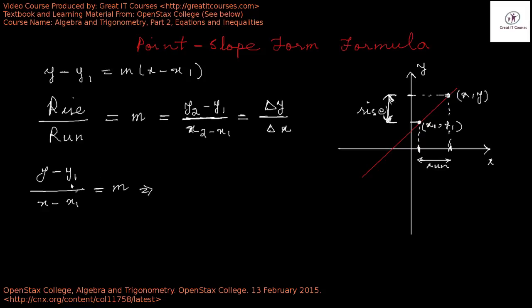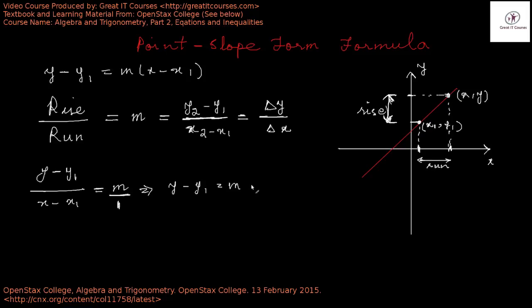So now you can cross multiply this. You can write this as y minus y1 is equal to m into, you could think of this as m divided by 1. So you multiply this whole expression into 1, and you multiply this m into this whole expression in the denominator.